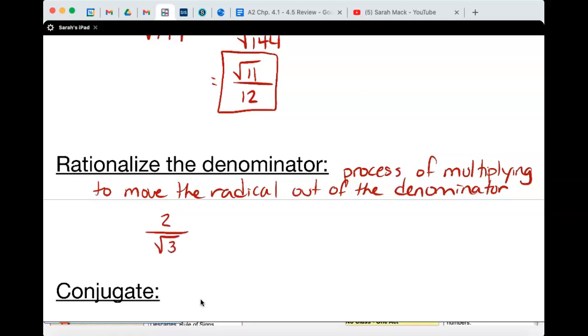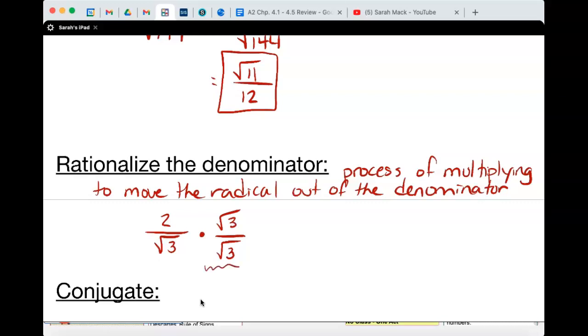Square root of 3, we know it's not a perfect square. But I can't just leave it like this, it's unsimplified. So I would like to multiply by something off to the side to get square root of 3 out. I'm going to multiply by what's in the denominator, so that when I do square root of 3 times square root of 3, I create a perfect square. But if I do it to the bottom, I have to do it to the top.